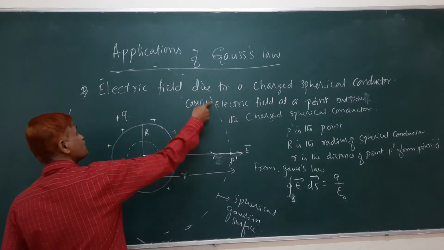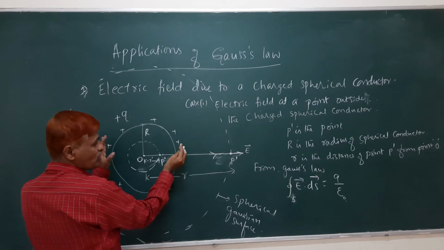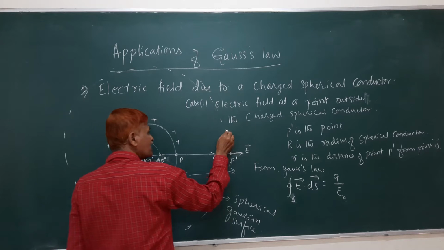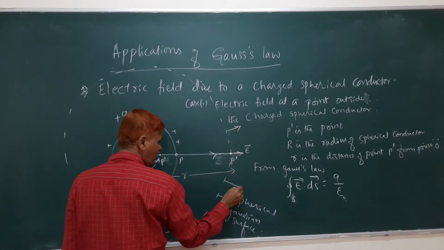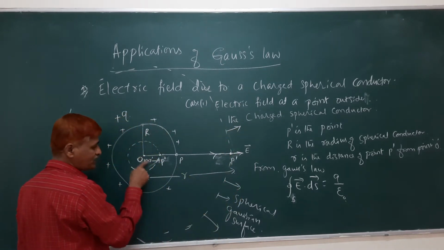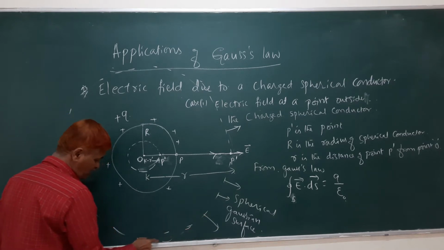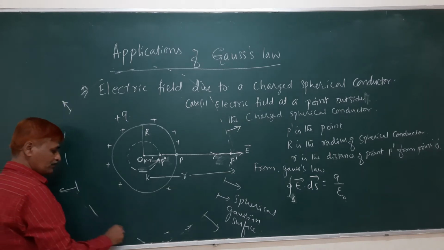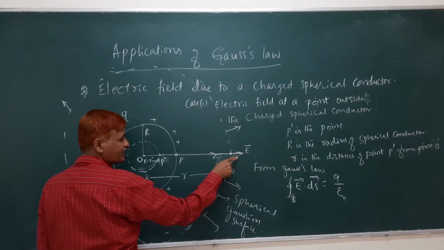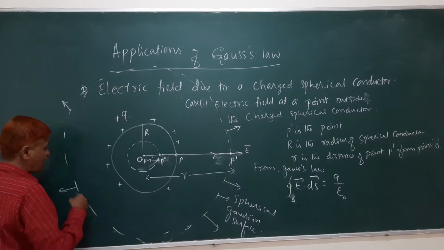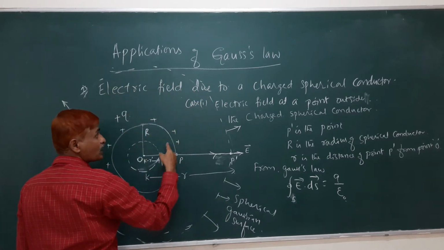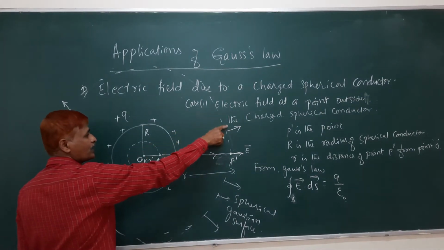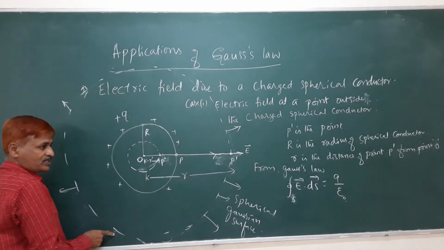The charges are uniformly distributed, and everywhere on the Gaussian surface E is the same because the distance is the same. Whatever E is at P dash, the same E is there everywhere on the surface, because the same charges are inside this spherical Gaussian surface.